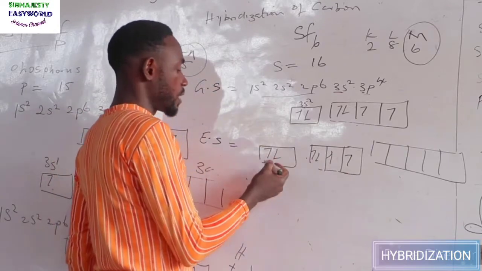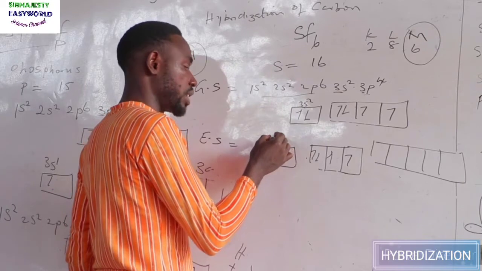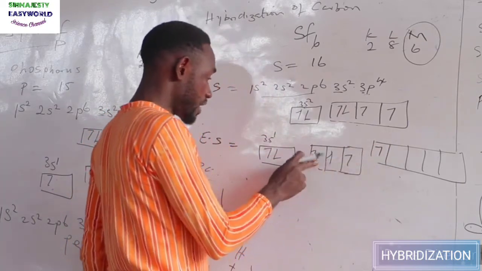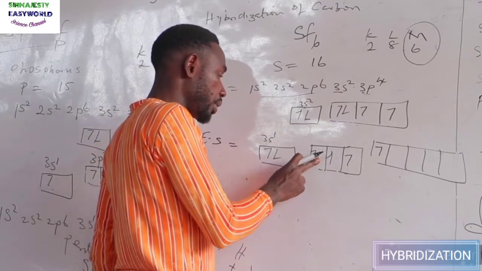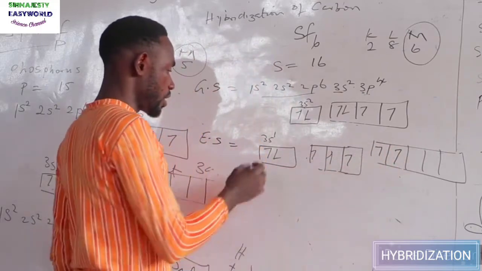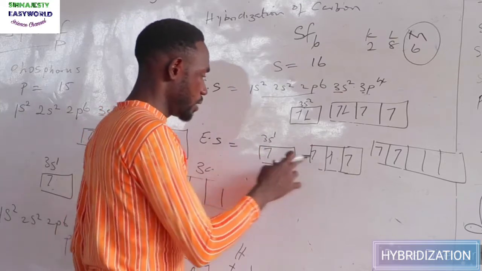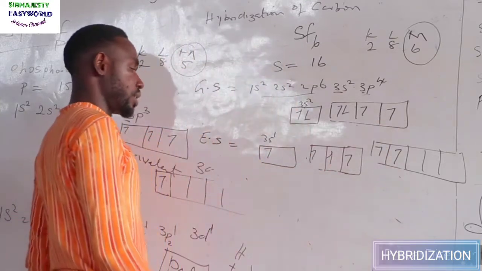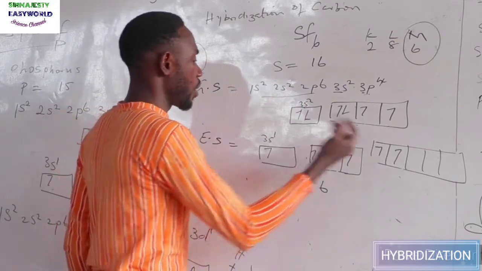When the carbon atom is excited, one of the 3s electrons is promoted, making it 3s1, to occupy the first orbital in D. The same thing is applicable here. One of the 3px is promoted to occupy this. So how many unpaired electrons now? This has gone off. This is 1, 2, 3, 4, 5, and 6. So in this case, sulfur is plus 6 because it has 6 unpaired electrons.